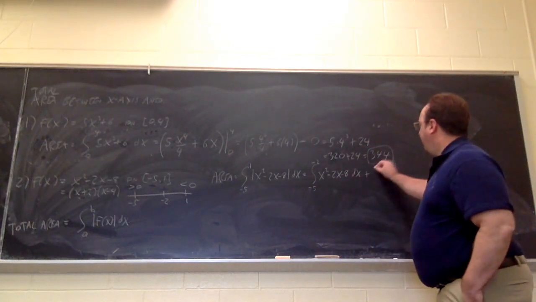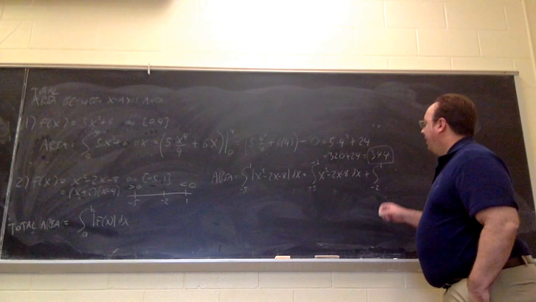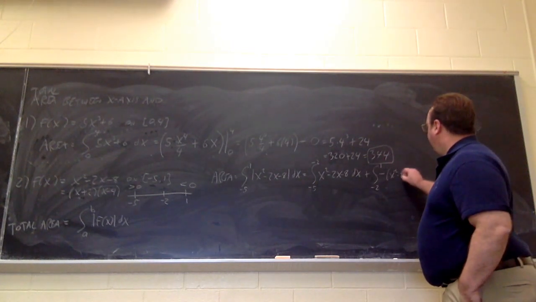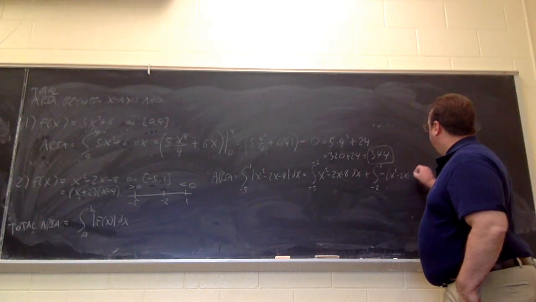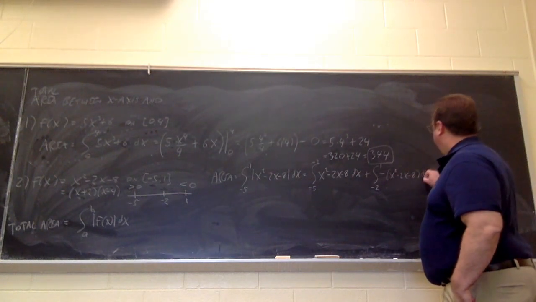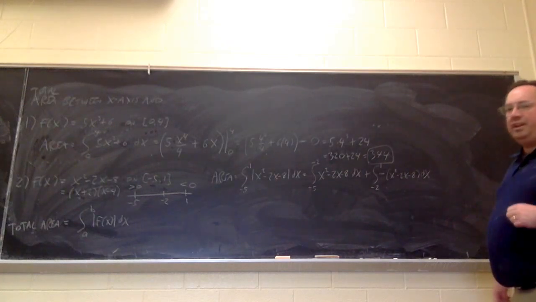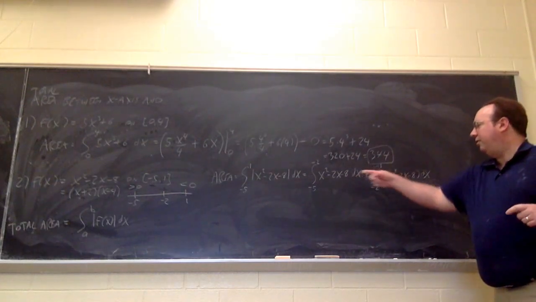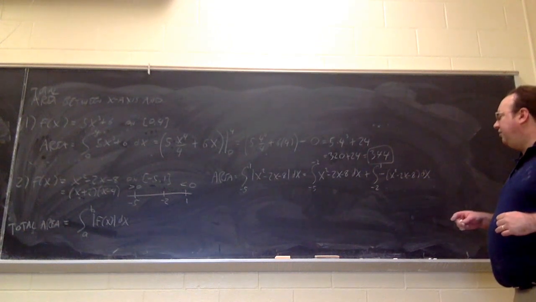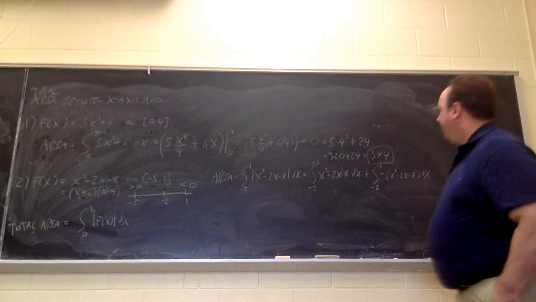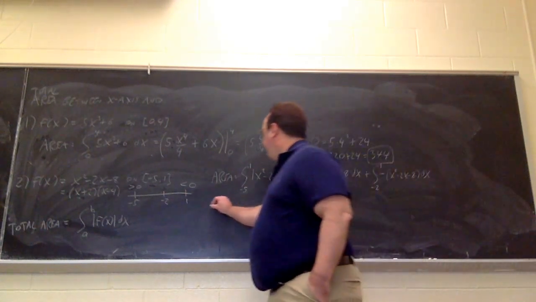And plus the integral from minus 2 to 1 of the negative of this, so minus x squared minus 2x minus 8. Okay. Now, fortunately, once I work out the first one, the second one will be a lot easier because we're just changing the signs of certain things. So I'll go ahead and work out this one first.